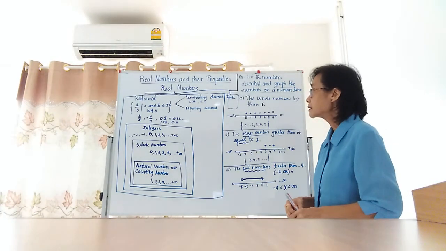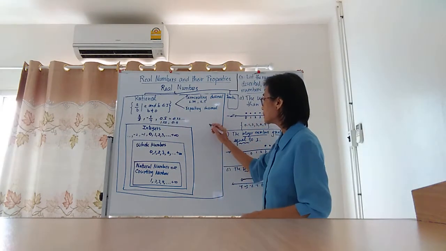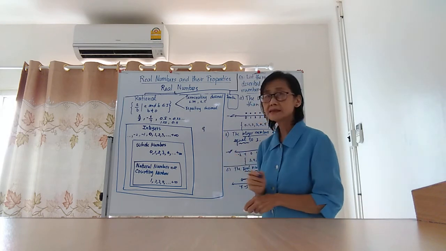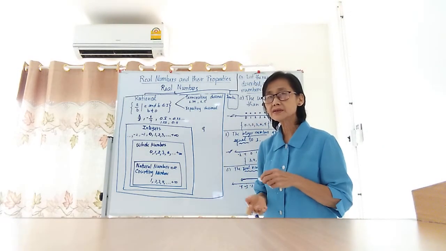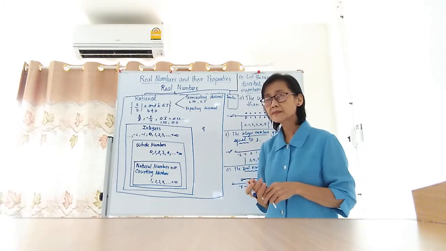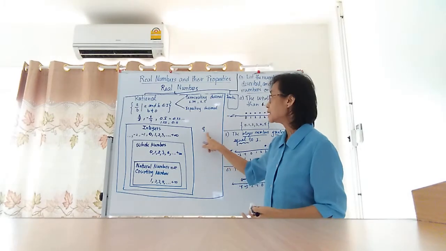Okay. By the way, can I ask you in here, rational? If I have, for example, 9. Do you think 9 is a rational, irrational, or integer, or whole number, or counting number? 9 can be many, right?